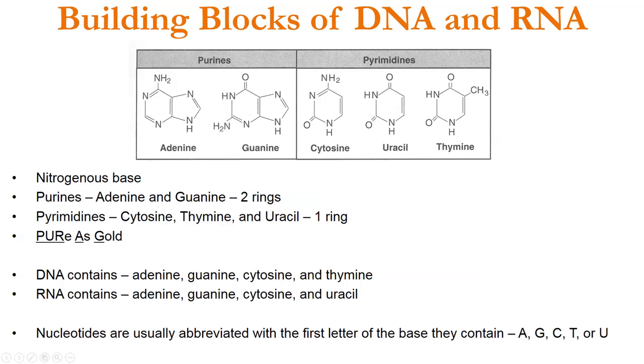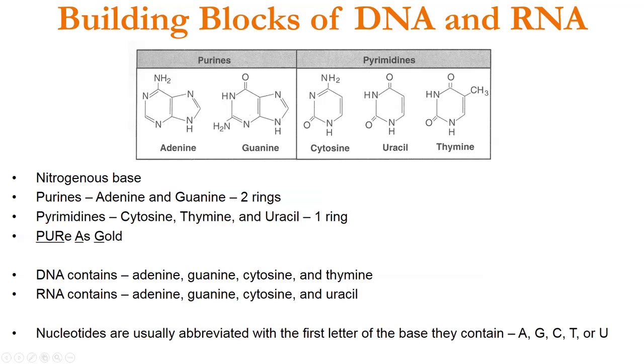One of the things I do want you to know is which nitrogenous bases are purines and which ones are pyrimidines. The purines are adenine and guanine, and these are the ones with the 2 rings. Our pyrimidines are cytosine, uracil, and thymine. Thymine is going to be in DNA, and uracil is going to be in RNA.